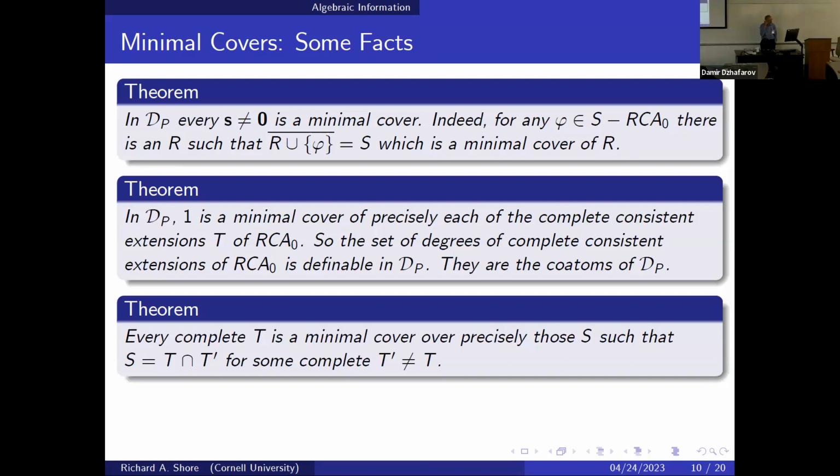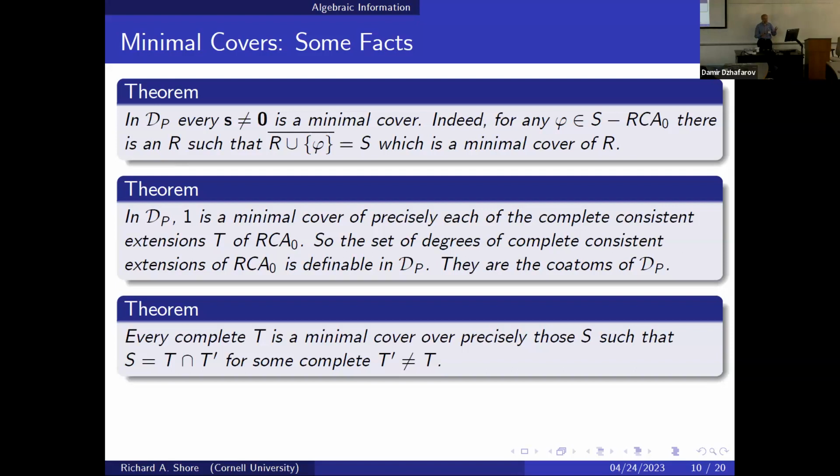And not only that, if you're a complete theory, I said you were a minimal cover of something, but you can say exactly what you're a minimal cover over. You can just take two different complete theories, look at their intersection, and each of them will be minimal over that intersection.